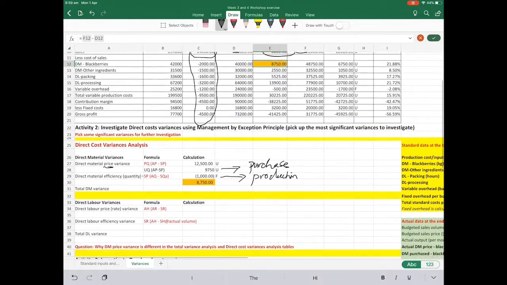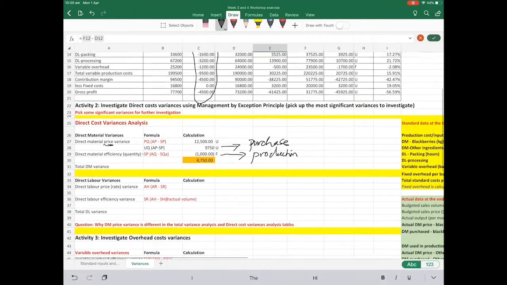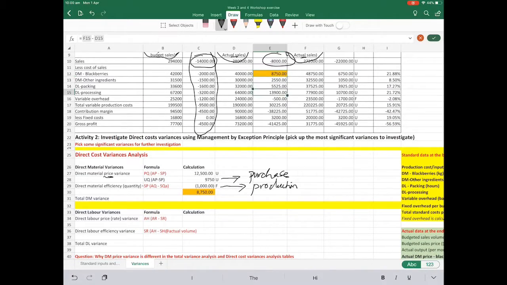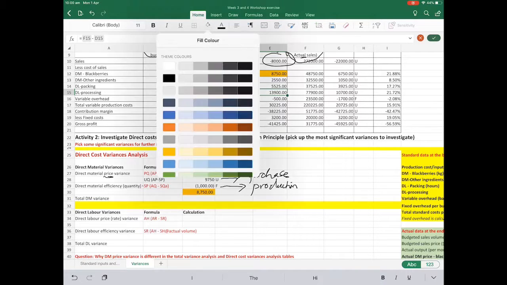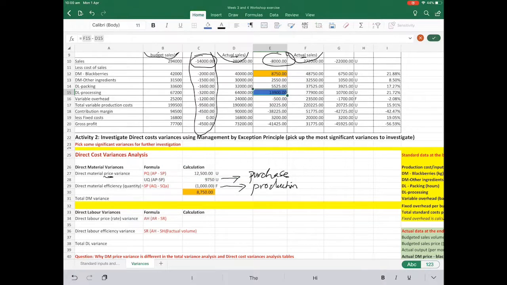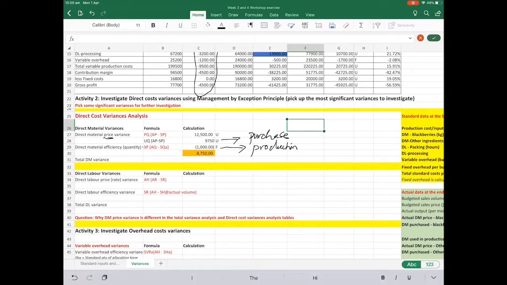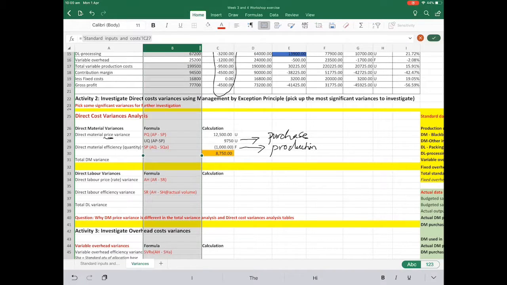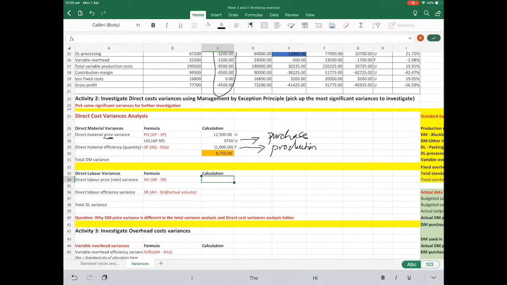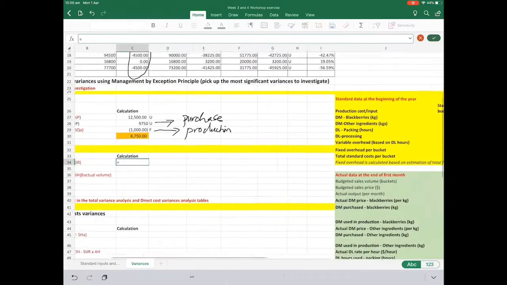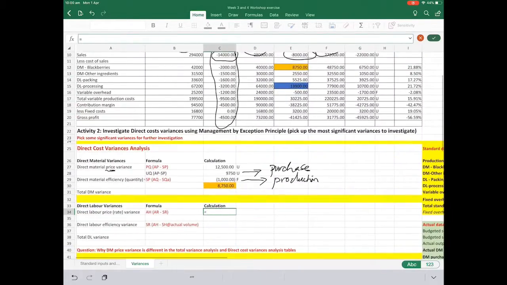Now we come to the direct labor variance. We want to investigate this one because it looks so big, right? So again, I will investigate that one. The formula for this one, okay, make it bigger. The direct labor rate variance equals actual hours, and the first is actual hours. The actual hours, we want to do that for processing.